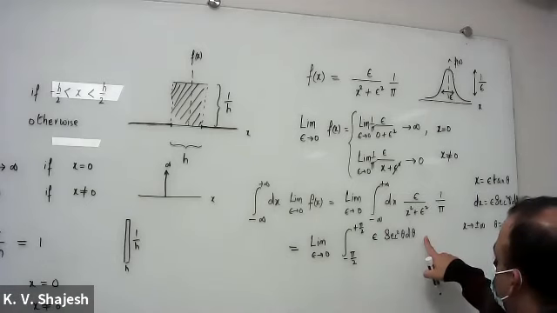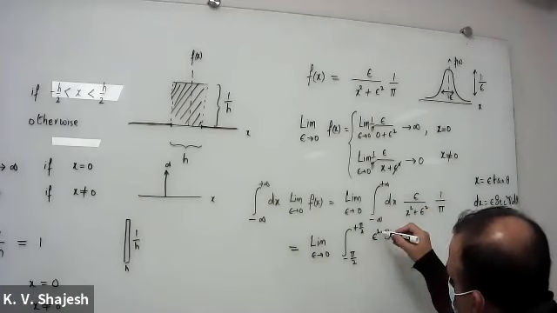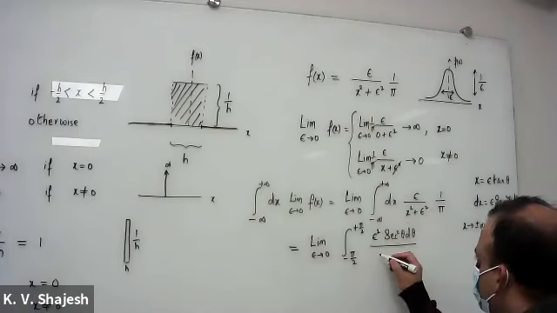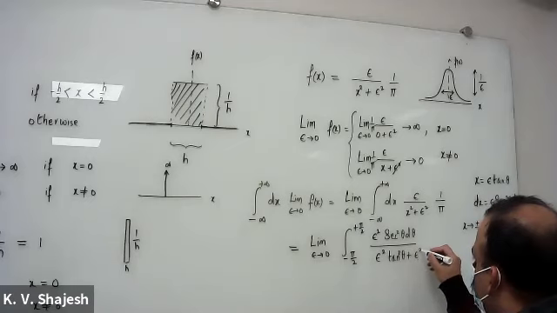And there is one more epsilon in the numerator, so this is epsilon square, divided by x square, which is epsilon square tangent square theta plus epsilon square, and that is an overall 1 over pi.